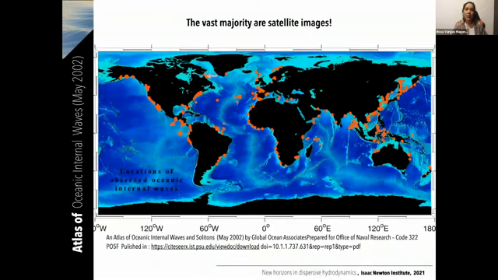It's a bit old, but in this workshop we have seen very updated maps of the location of these internal waves. And I am pretty sure that many of these internal waves correspond with internal undular bores.